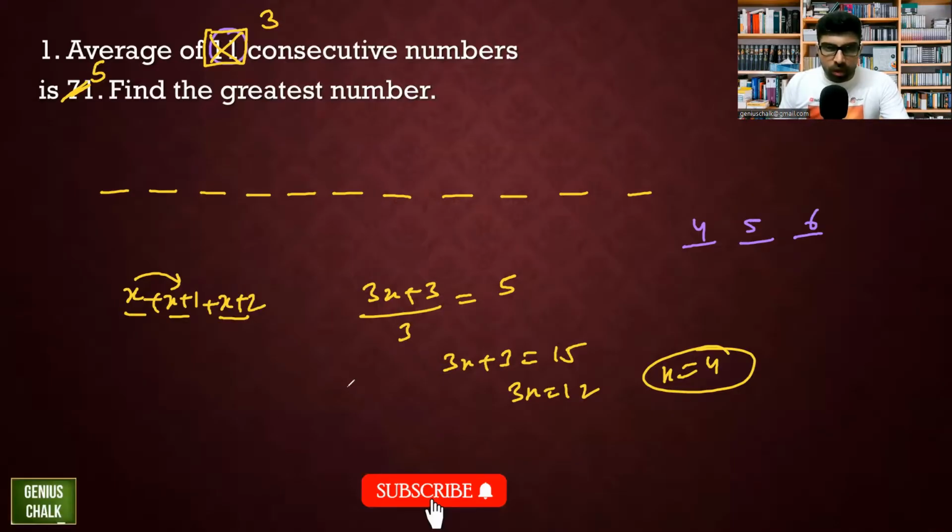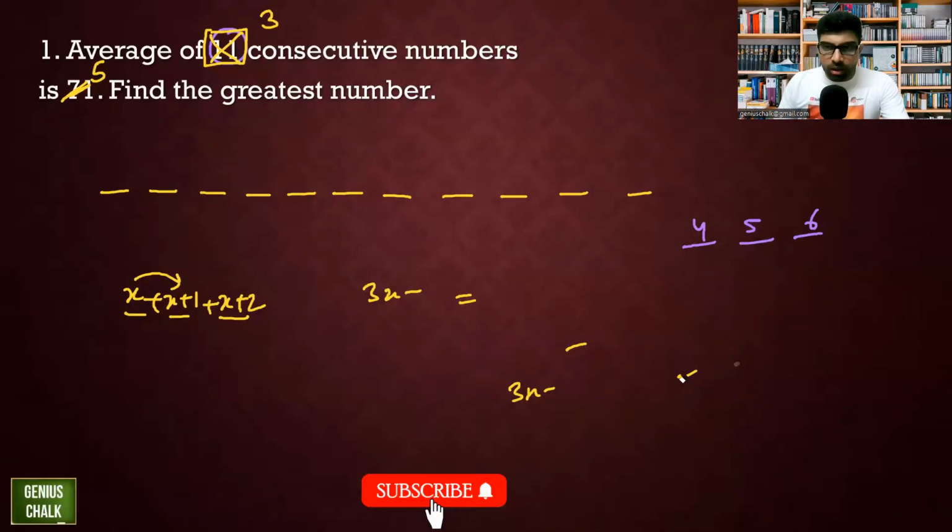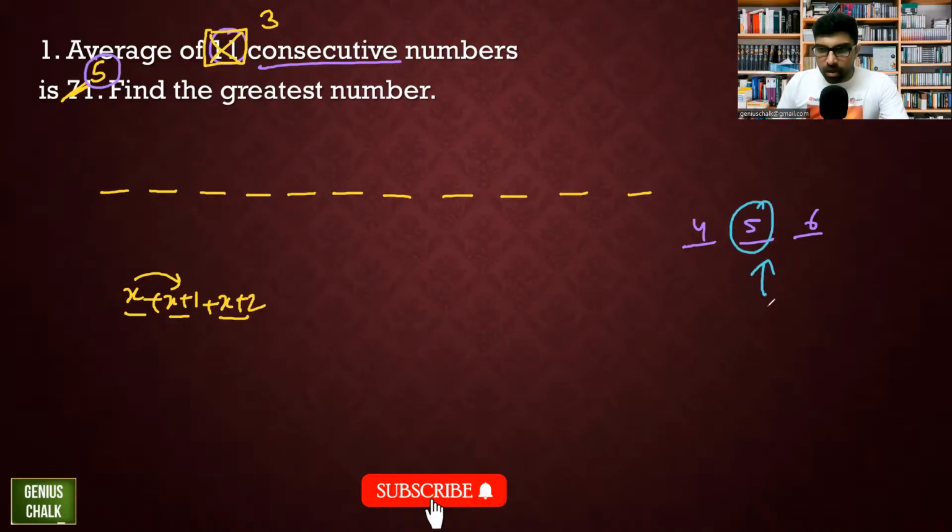Now, without this, how can you solve this faster? So one thing you have concluded is that if you are talking about consecutive numbers, then what is the average? 5. And now you can observe that 5 is also the middle number. This is the first number, this is your second number and this is your third number.